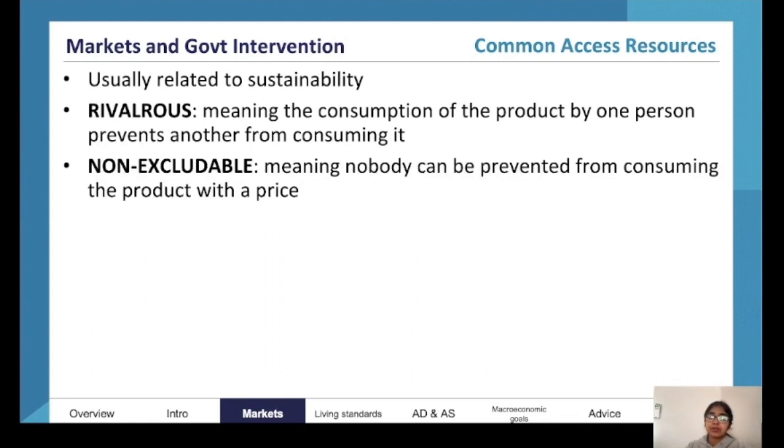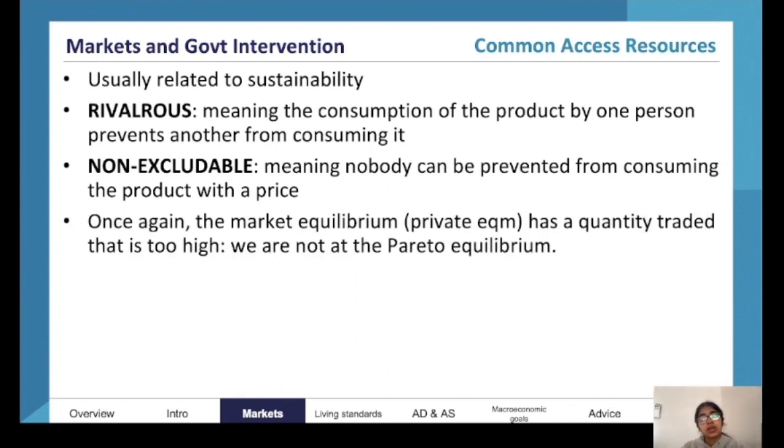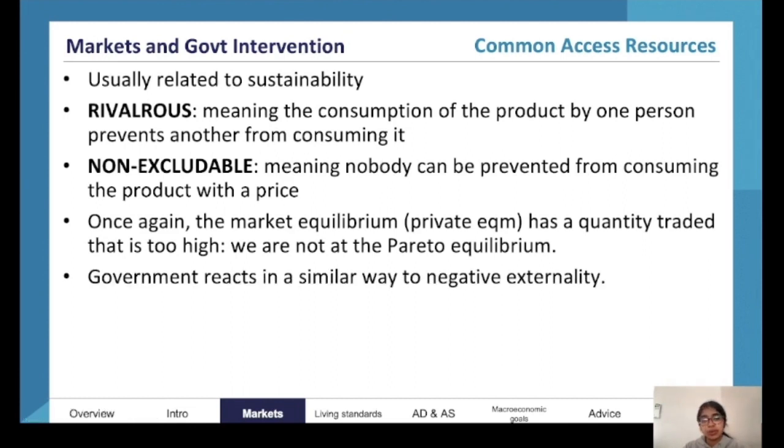And they're non-excludable, meaning that you can't exclude anyone from consuming these goods or services. At market equilibrium, the quantity traded is too high. We're not at social equilibrium because these are often overused and they're not managed very well.